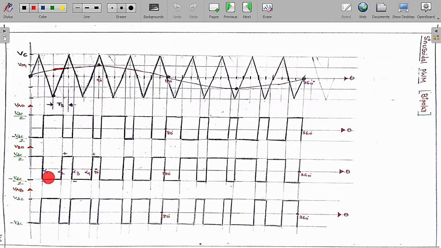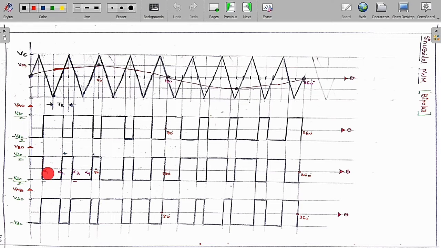You can see clearly here for this VB naught, in 90 degree there are alpha 1, alpha 2, alpha 3 and alpha 4. So there are four switching operations present in 90 degree. For VB naught, the first is positive, so plus 1. Therefore, the Fourier series coefficient of this VB naught is Bn equal to 4 into peak value VDC by 2 by n pi into plus 1.